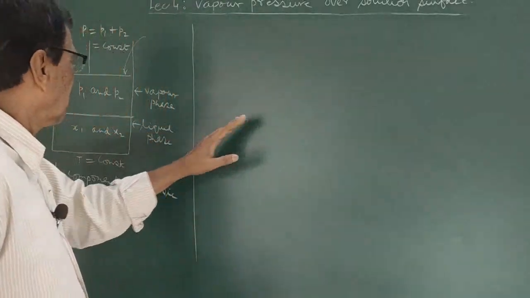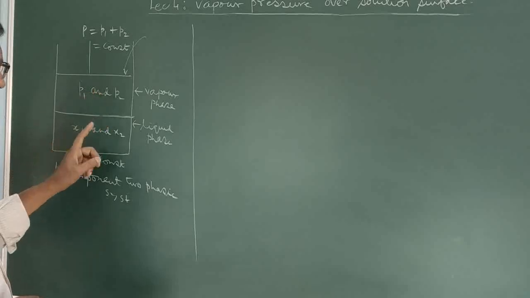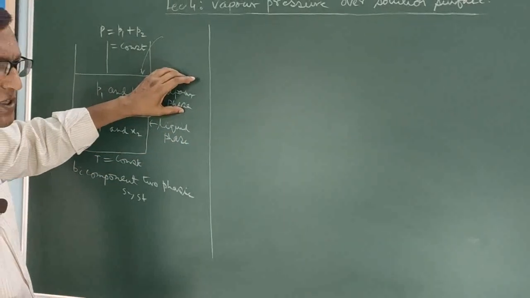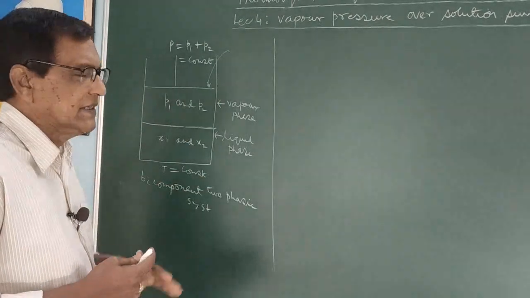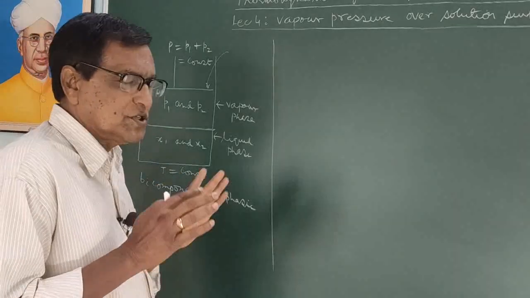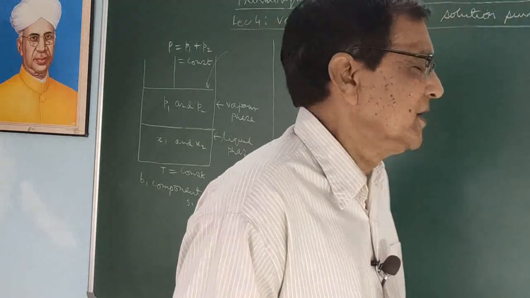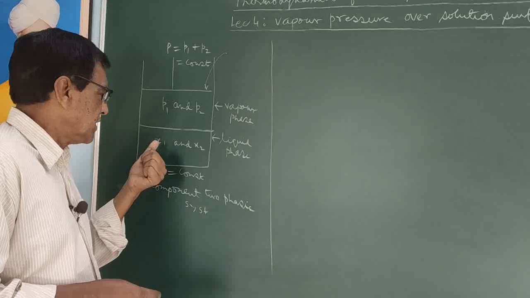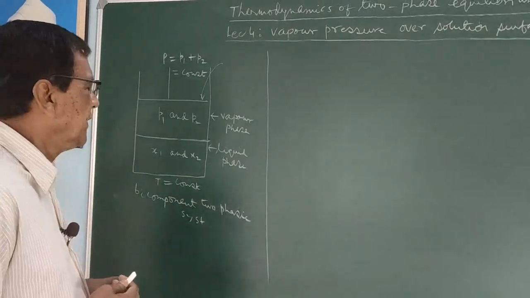As I have told earlier, both the components are in equilibrium between the liquid phase and the vapor phase. So basic thermodynamics lets us express this in terms of the most important thermodynamic property, the chemical potential. Let us take the ith component, instead of writing first component and second component.